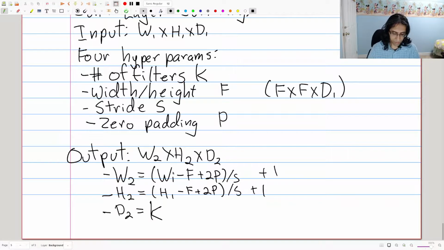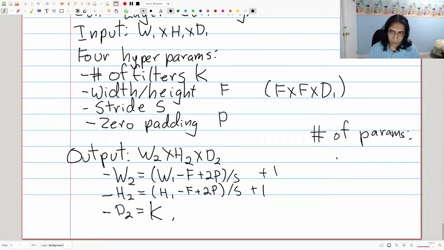Cool. As one final thing, we'll note the number of parameters. If you have a convolutional layer with these hyperparameters, how many parameters does it have? It'll be useful to compare with how many parameters we would have if we had a fully connected layer.